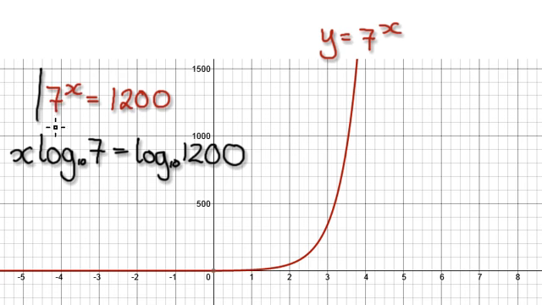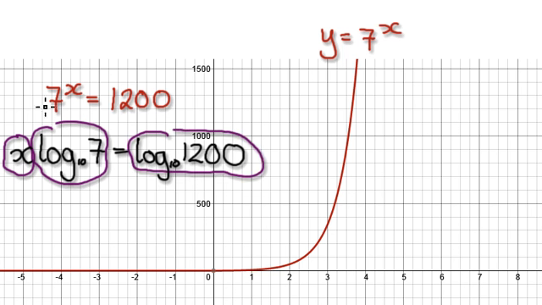So from here you would log both sides. That would then give you this, and at the moment you've got this bubble multiplying with this bubble here to give you this bubble here. So what you do is get x on its own. So divide both sides by this. So x equals log. Well, I'm going to ignore the 10, because when there's no base here, it's going to be log to the base 10.